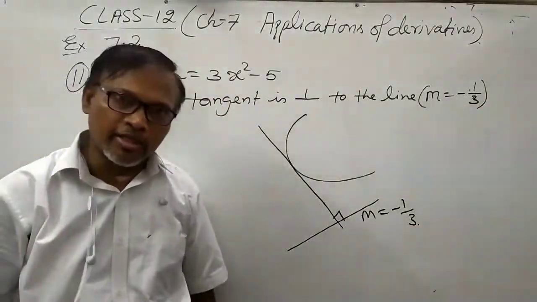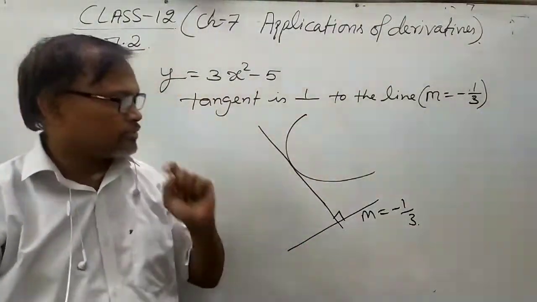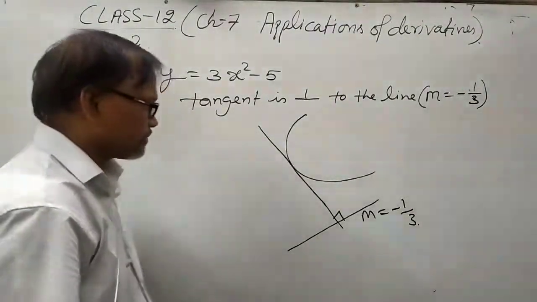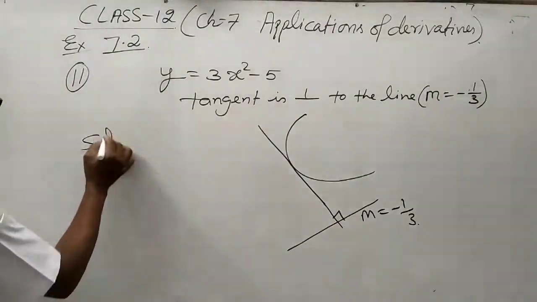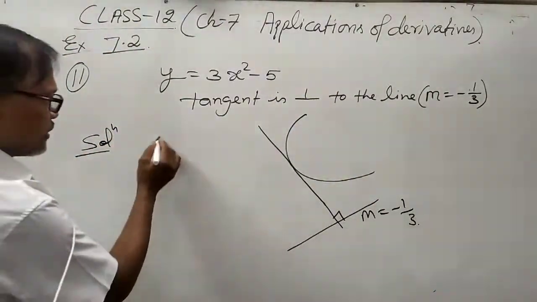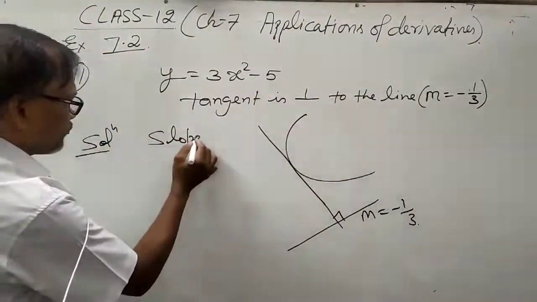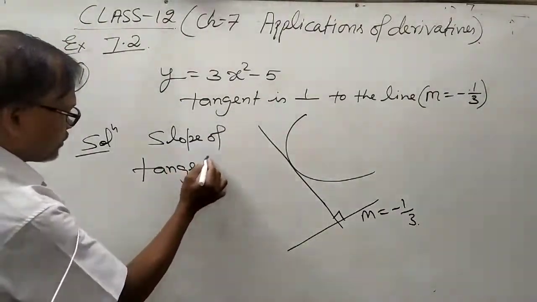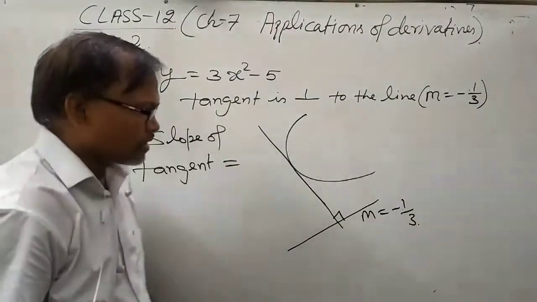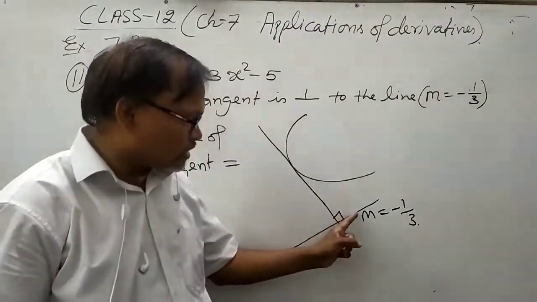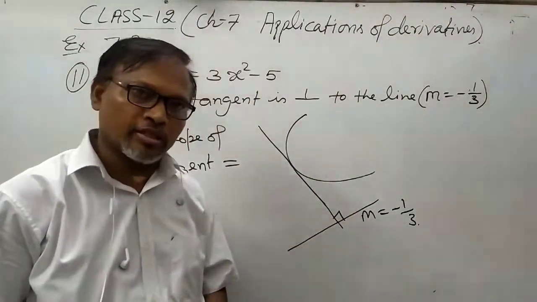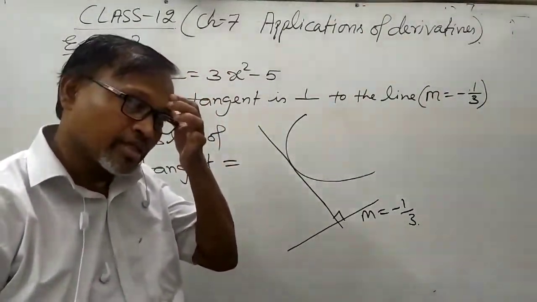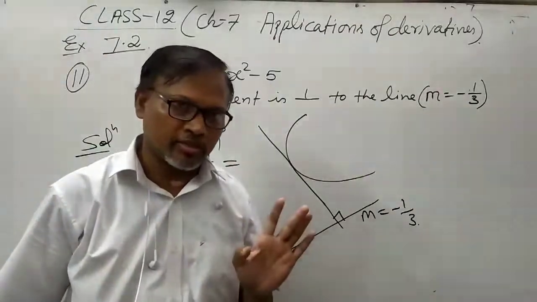So can you get the slope of this tangent? Yes, according to the figure, slope of tangent is equal to, because these two are perpendicular to each other, therefore you apply the condition of perpendicularity. m1 m2 is equal to -1.